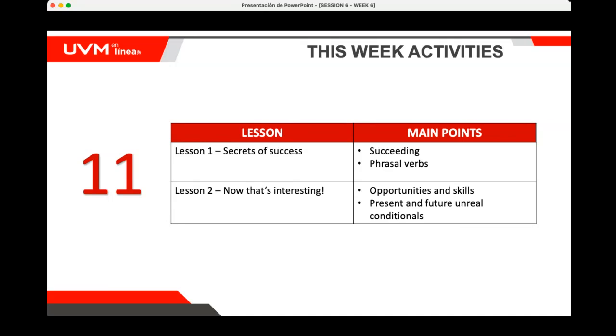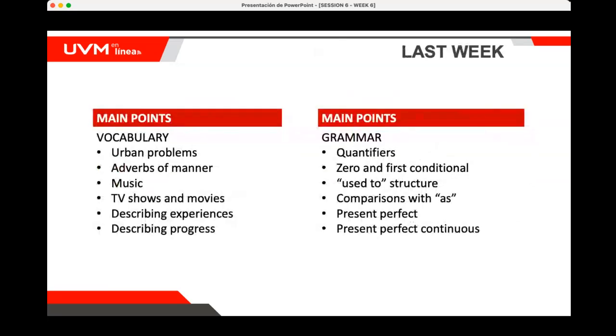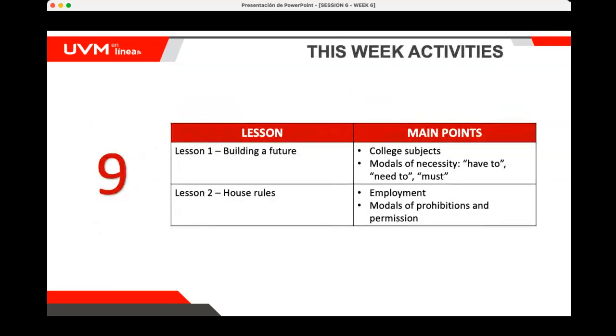But again, in this unit, I think the most important thing is not about vocabulary, but about grammar. As you can see right now, for all the units for this week, the most important thing is not about vocabulary, but about grammar.